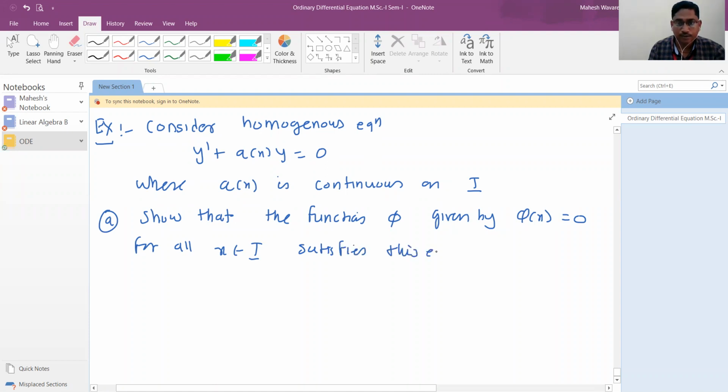But this solution is called the trivial solution, phi of x identically 0 on the interval I.